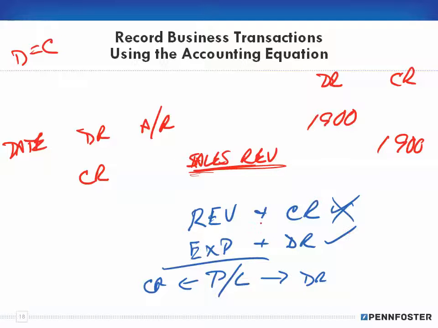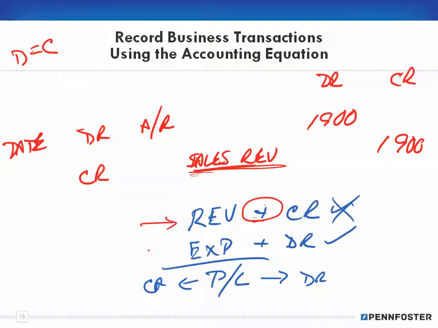And just as a reminder, for revenues, our normal balance, that's what the plus sign represents, the normal balance of a revenue account is a credit. The normal balance of an expense account is a debit. The normal balance is what increases that category of account.